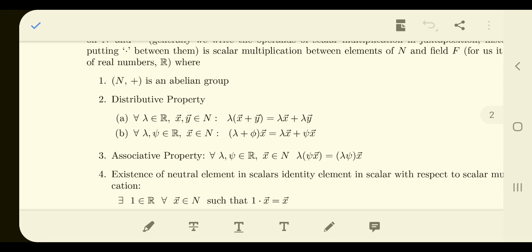The other distributive property says that scalar multiplication is distributive over addition among scalars.